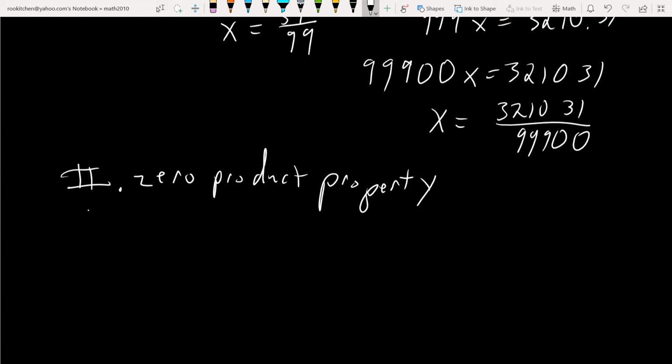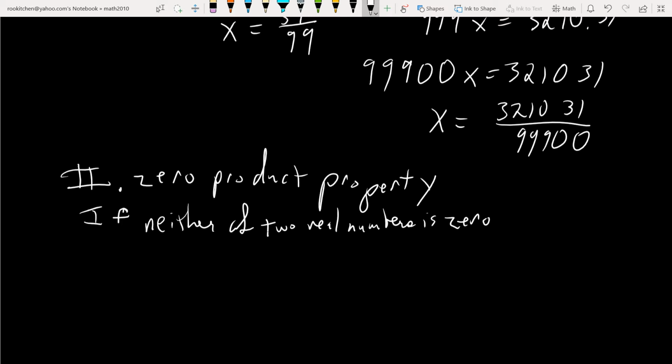It just says if neither of two real numbers is zero, then the product is also not zero.